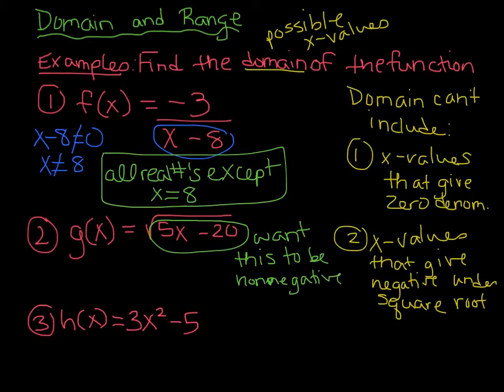So what I'm going to do is write an inequality as 5x minus 20 is greater than or equal to 0. So then I can solve this out for x. And when I do that, I get x is greater than or equal to 4.